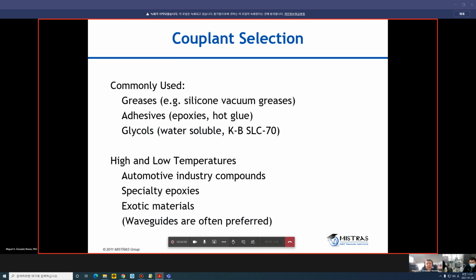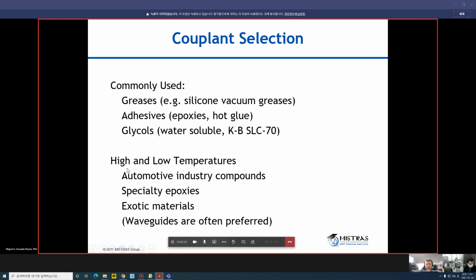These are some commonly used couplings. The most common is the greases, high vacuum silicone grease, adhesives like epoxies or hot glue, glycols that can be water soluble, or some very specific chemical compound.